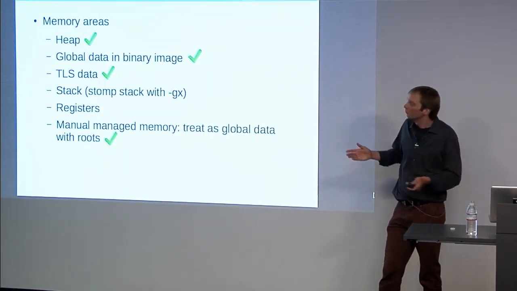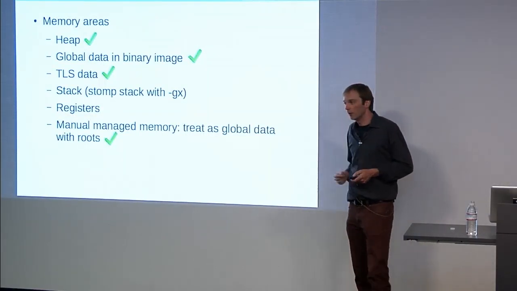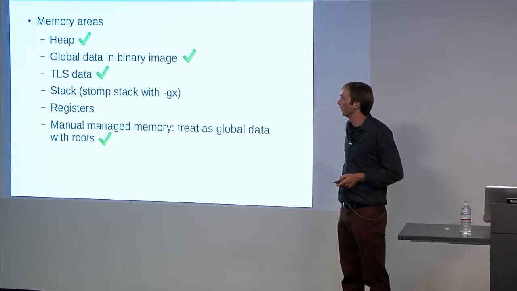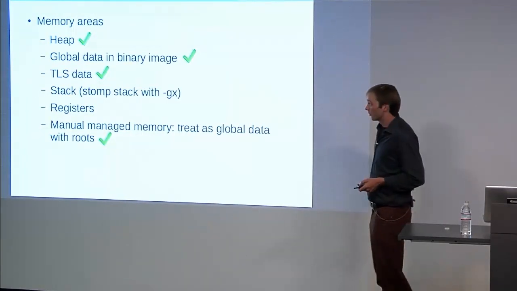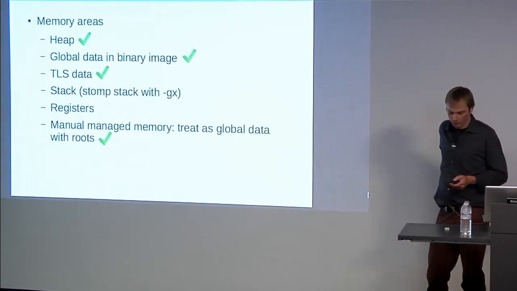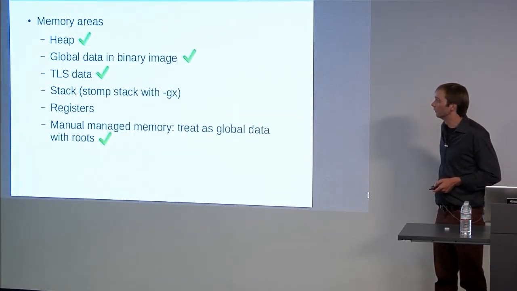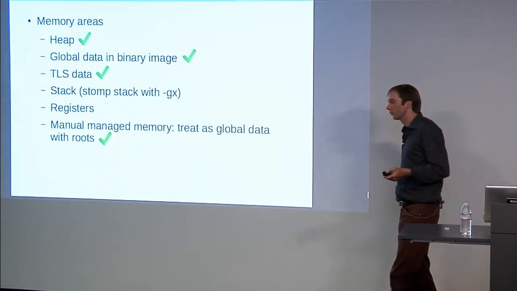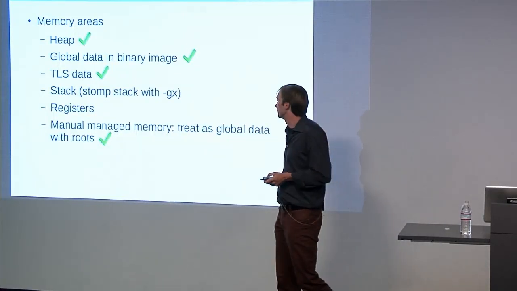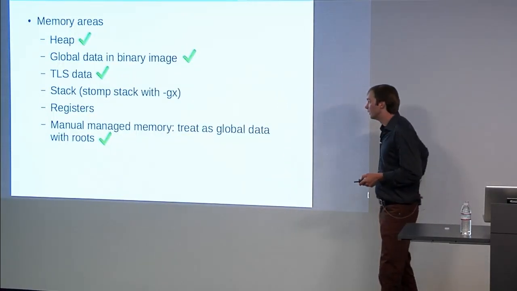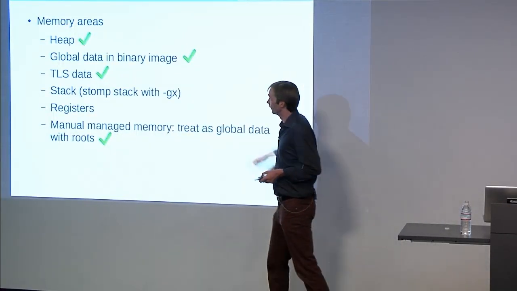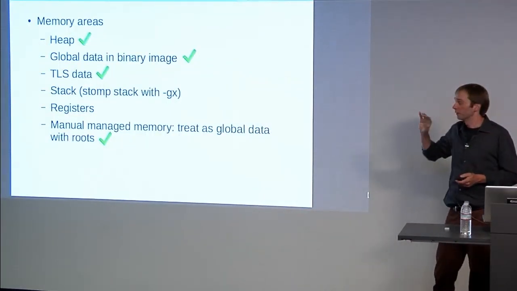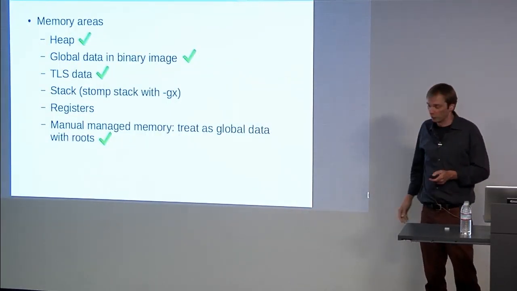Registers are even harder to describe by type info. But these are only very few values, so we might be able to live with this. Manual memory could be treated similar to the global data image, but I haven't implemented that. But it's more or less the same problem.